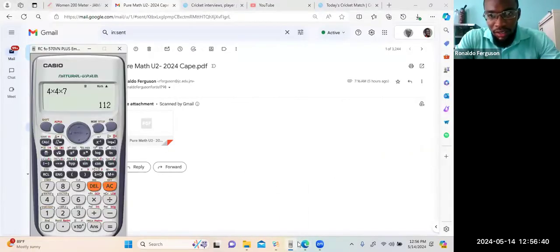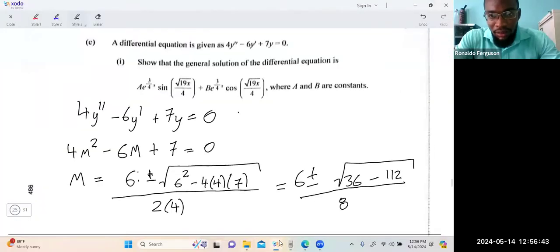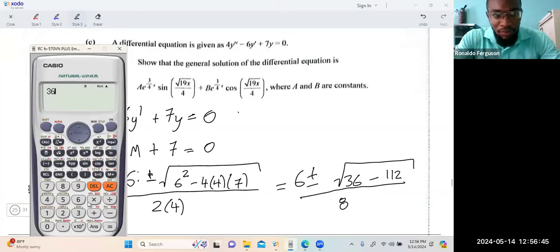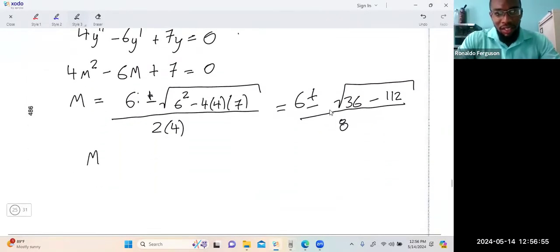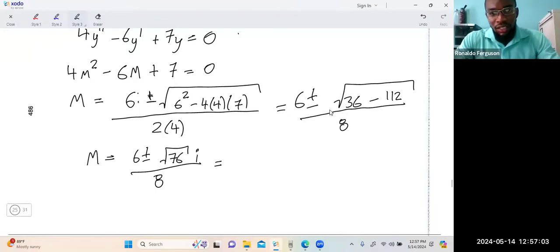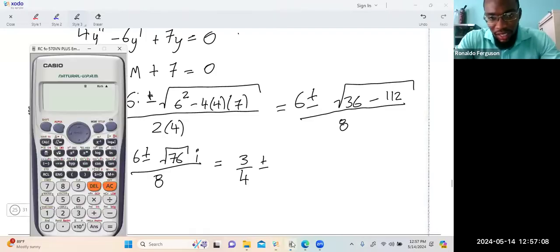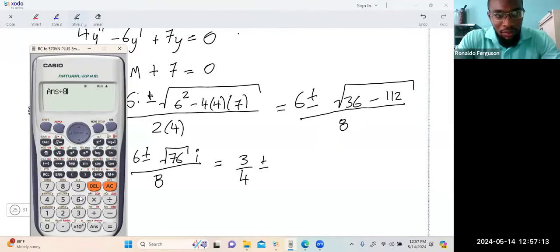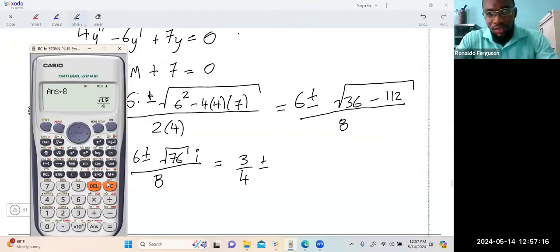36 minus 112 is minus 76. So I have root 76i. So m equals 6 plus or minus root 76i over 8. 6 over 8 is 3/4, plus or minus root 76 over 8, which in the calculator gives root 19 over 4.